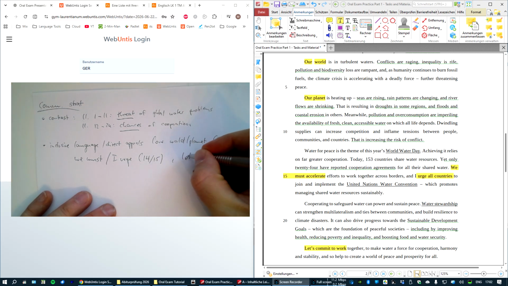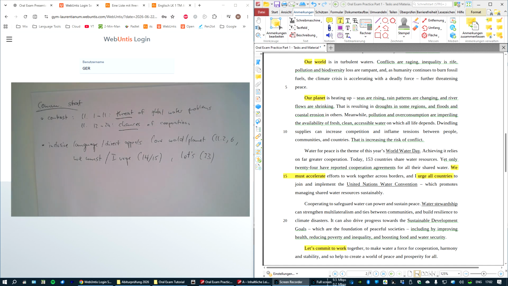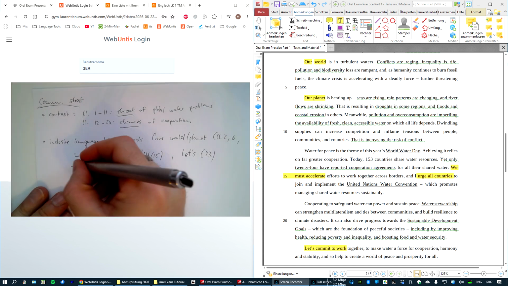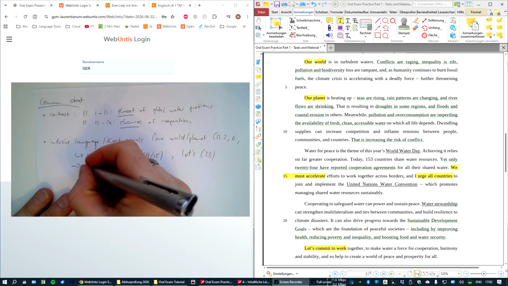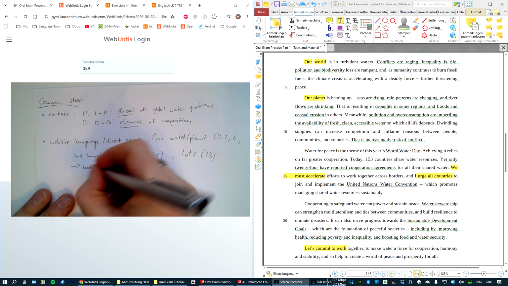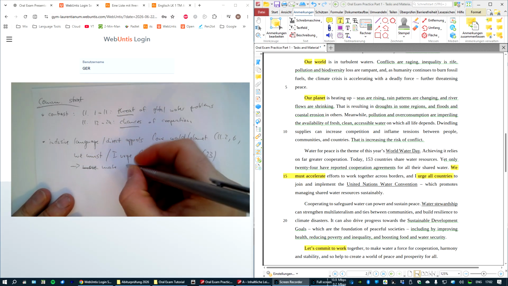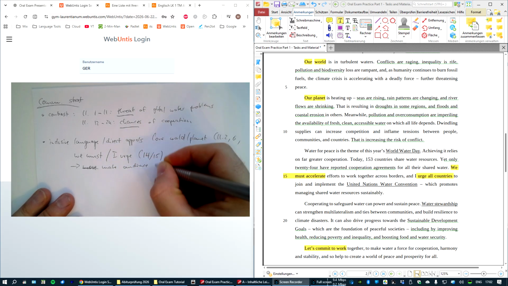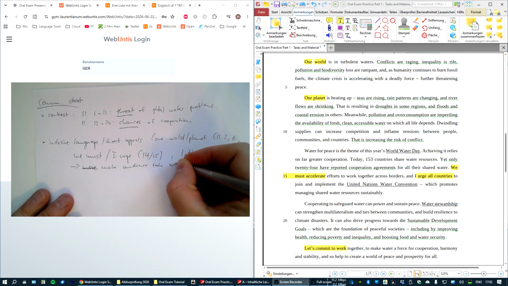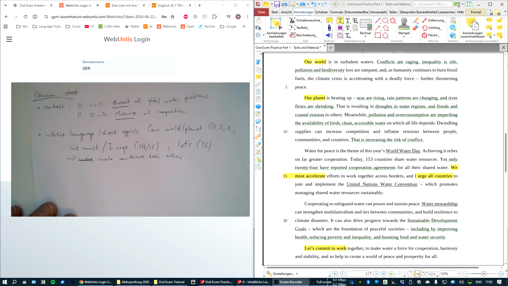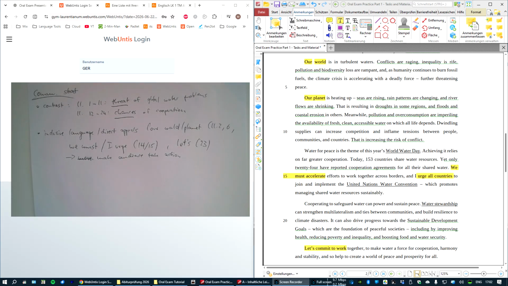Let's, 23. And effect: move or make the audience take action. Call to action is here.